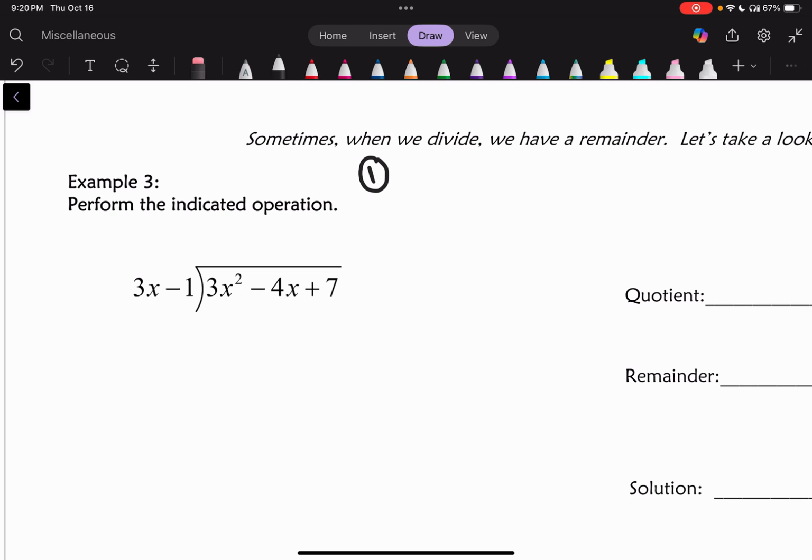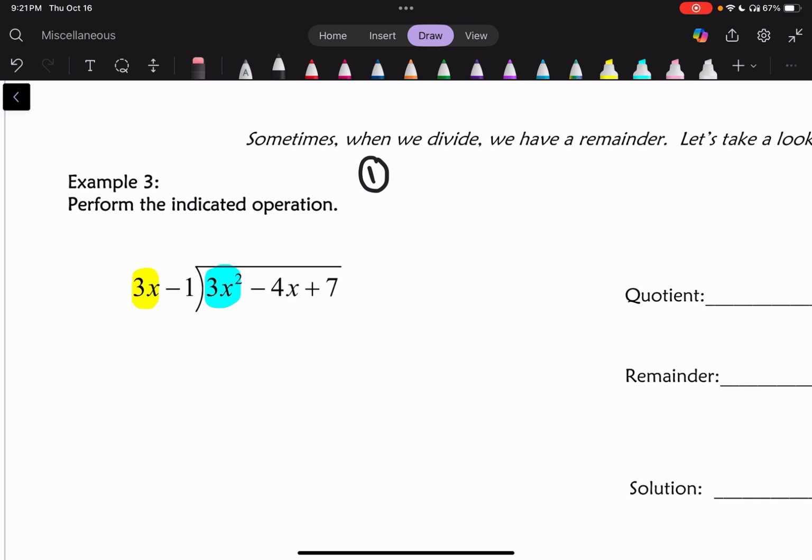So yesterday we talked about how this is your divisor right here. We're going to look at the first term, the one with the x. That 3x is your divisor. So that is going to be what you are dividing by. This 3x squared is your dividend, so that is what you are going to be dividing.